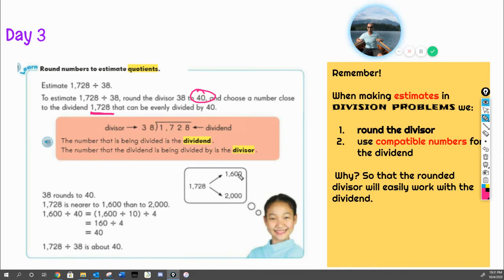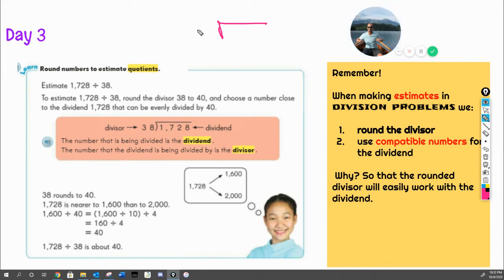My best options are going to be 1,600 and 2,000. Since 1,728 is a little closer to 1,600, I'm going to go with 1,600. Or cross out a 0 here, cross out a 0 here. 16 divided by 4 is 4, and then keep that 0. Or do it the way they did it, but whatever works for you. So I know that when I do 1,728 divided by 38, it's going to be about 40.